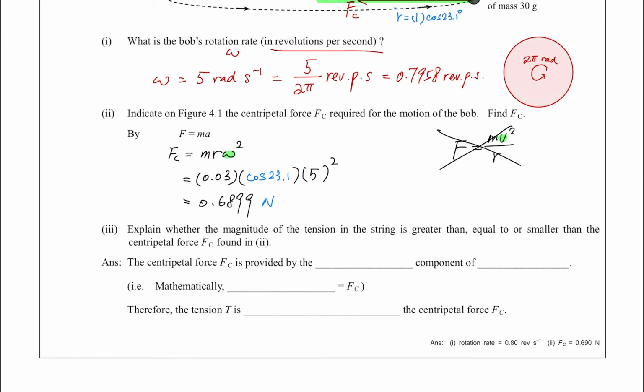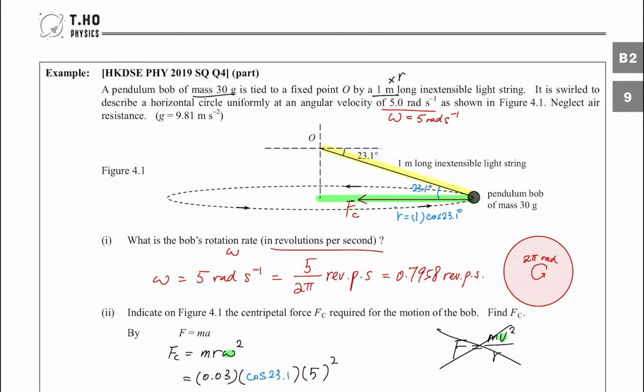Now part 3, explain whether the magnitude of tension in string is greater than, equal, or smaller to the centripetal force found in 2. So we have to look at this. So we know that the centripetal force is actually originate from the tension that is present in the string.